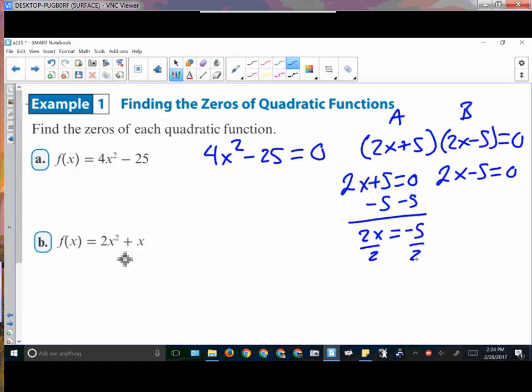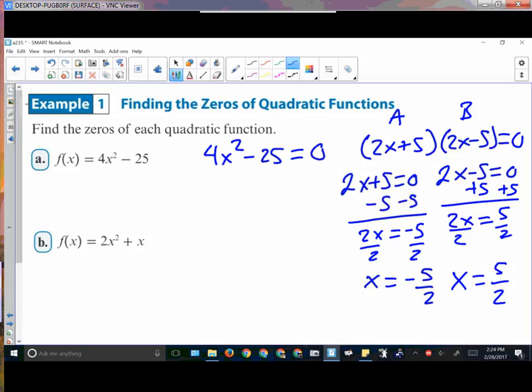Divide by 2, divide by 2. X is equal to negative 5 over 2. Add 5, add 5. We have 2x is equal to 5. Divide both sides by 2. So x is equal to 5 over 2.